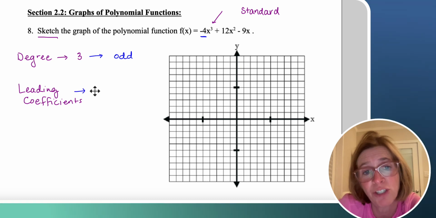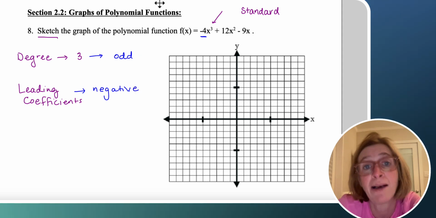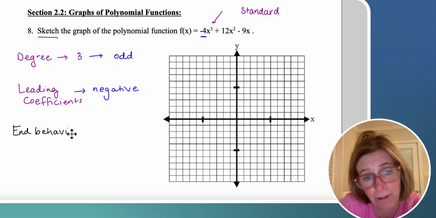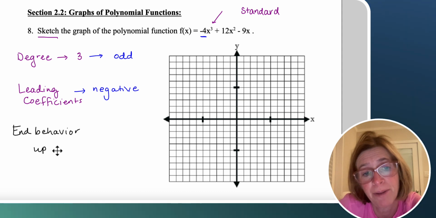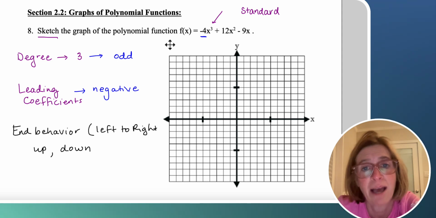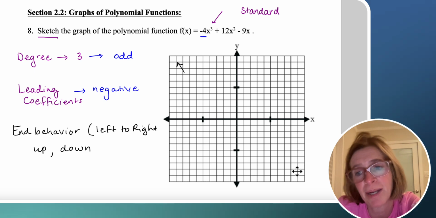So the leading coefficient is negative, which tells me that the graph's end behavior would be up, down. And remember, we read end behavior from left to right. So that means on the left side of the graph, it's going to be going up, and on the right side of the graph, it's going to be going down like that.